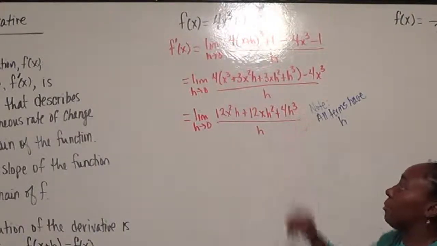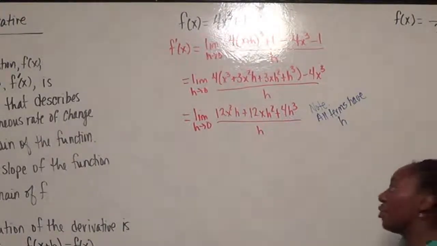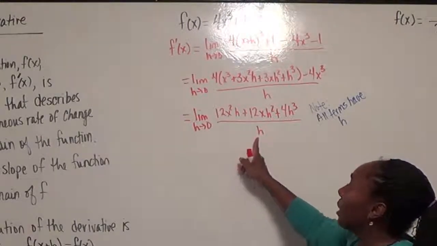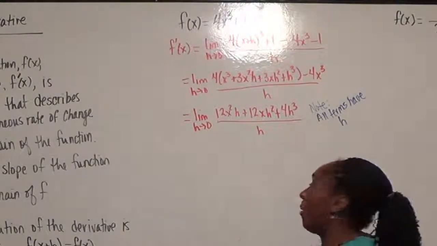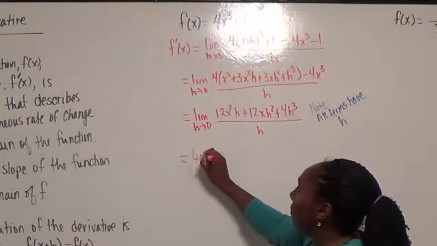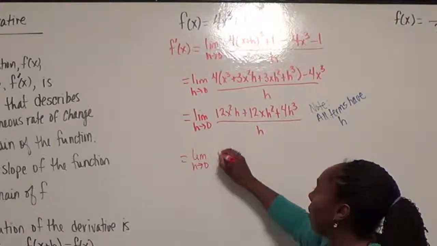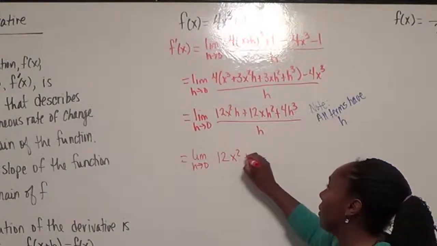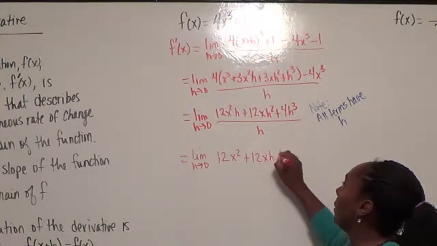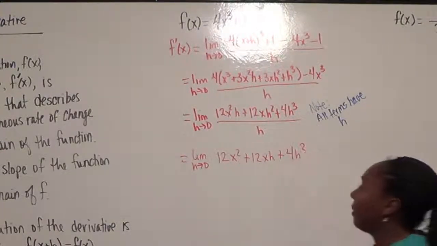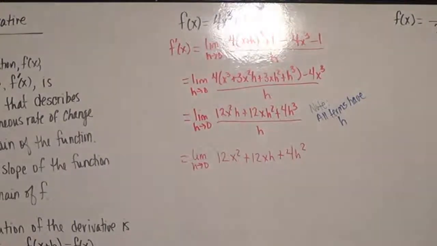Meaning every term that's left in my limit should have an h, and in particular, I should be able to cancel that h out. So notice if I take an h out of everything in the top and divide that by the h in the denominator, I'm left with that expression there.